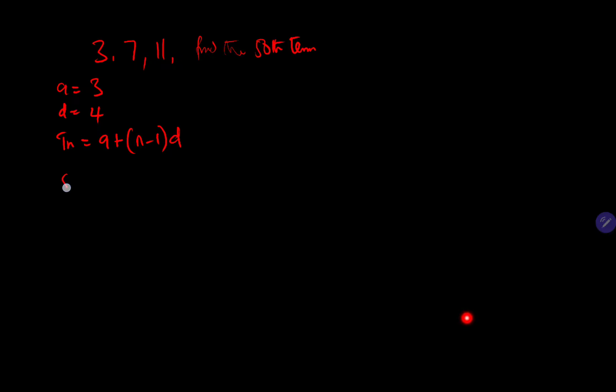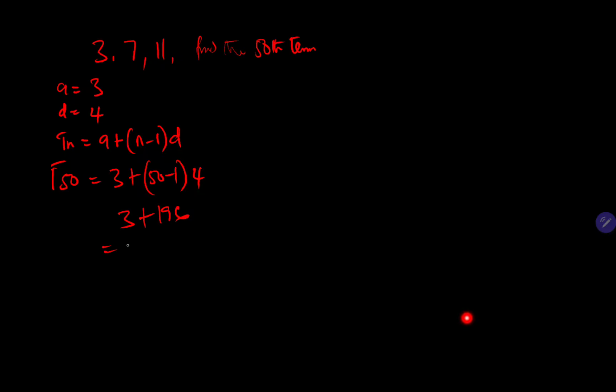So we say that the 50th term will be equal to the first term 3 plus 50 minus 1 multiplied by the common difference. It's so simple and easy. So 50 minus 1 is 49. 49 times 4 is 196 plus 3.